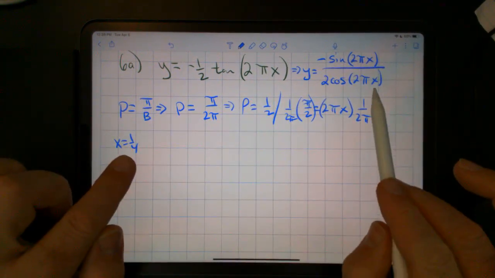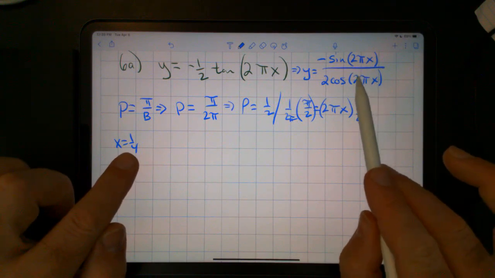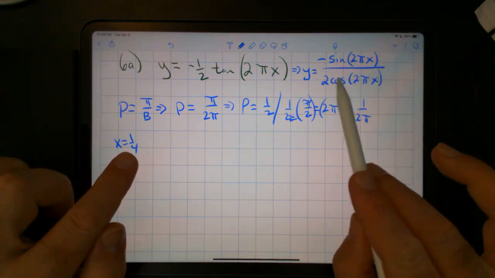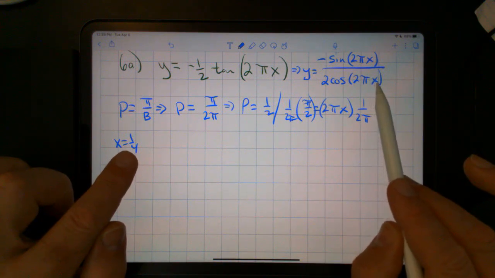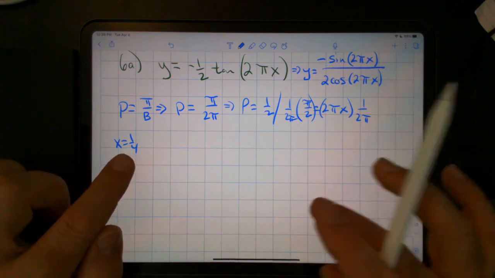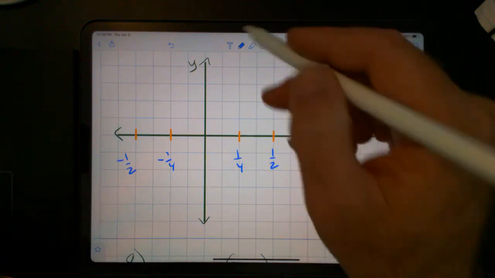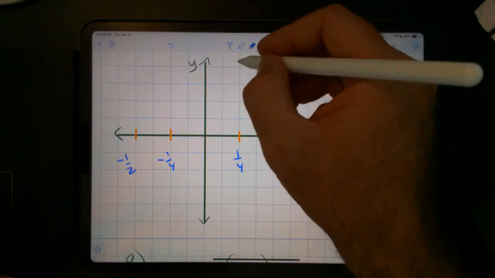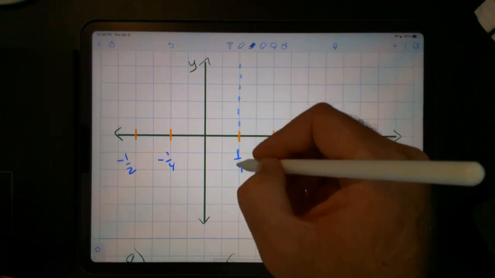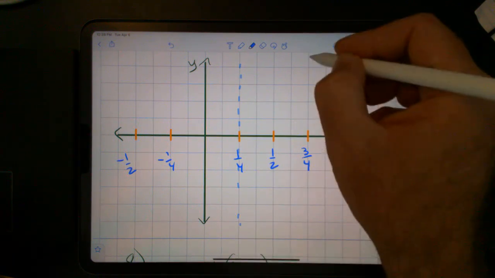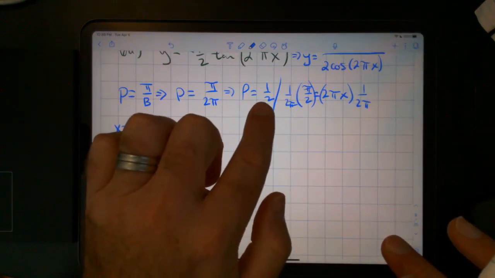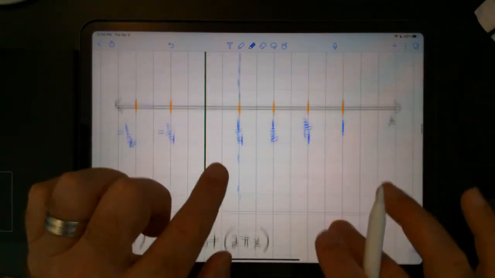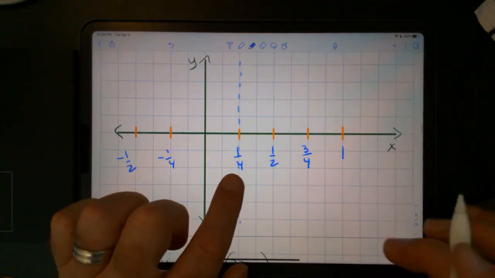So when x is 1/4, 1/4 times 2 pi is pi over 2. Cosine of pi over 2 is 0. That's where you have your asymptotes. Since this period repeats every half unit, this will repeat every half unit.